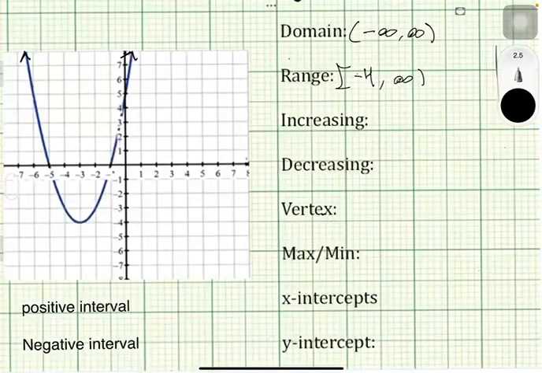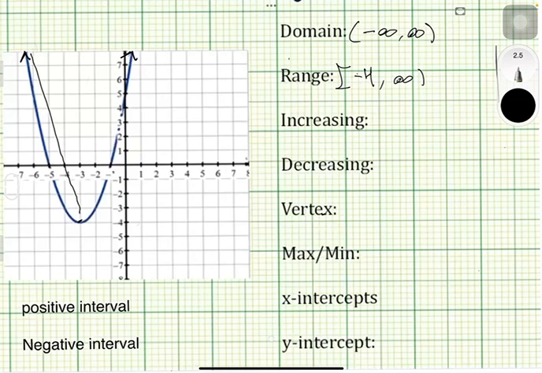Now the increasing interval. The increasing interval is the point where the value starts increasing. As you can see, this line decreases until it comes to the vertex. At the vertex, it changes from decreasing into increasing. So the increasing interval starts from the vertex to whatever number we have.